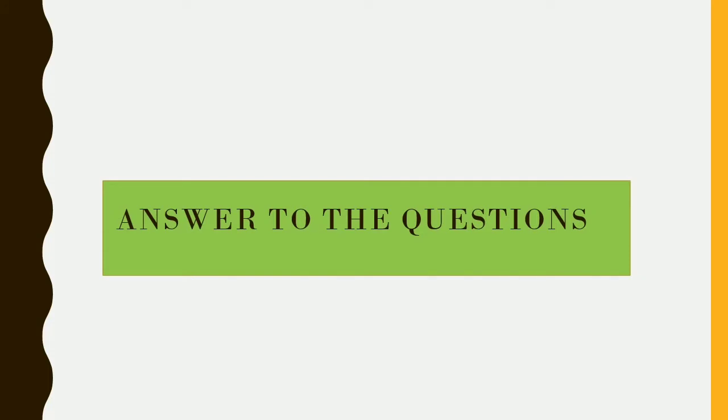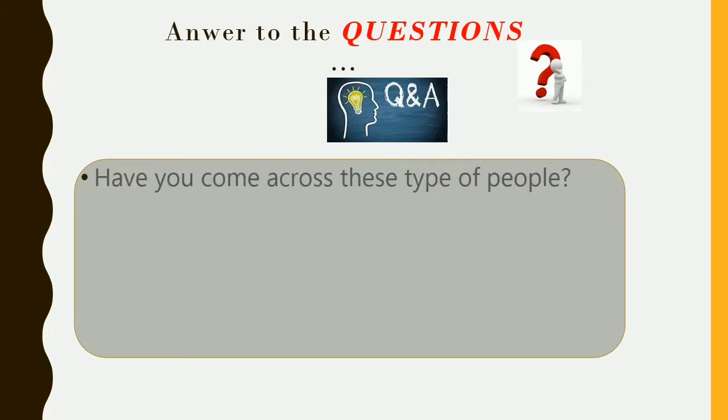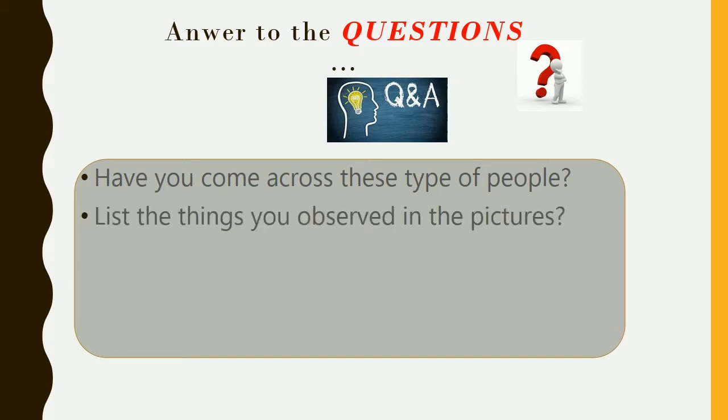Before going on to the lesson, let us see the answers to the above questions. Have you come across these type of people? Yes, definitely. We come across these type of people every day in our life. List the things you observed in the pictures. We observed in the pictures that in the first picture we saw that people did not have proper shelter to live in.